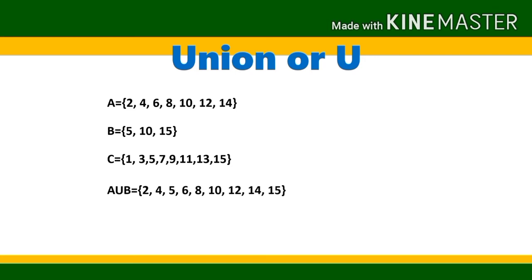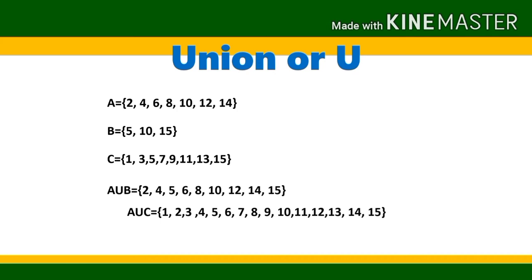As you can see, there's an element in A and B which is 10. But then, we just write only one 10 in A union B. Okay? There's no repetition of numbers.